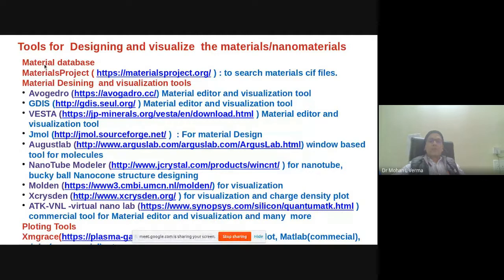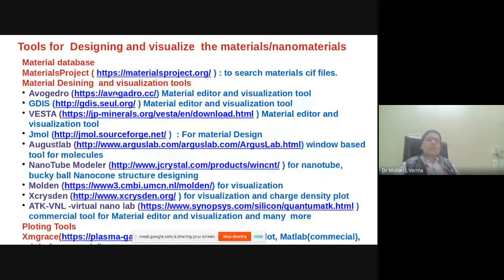Before going to the details of the materials, I suggest my students search for materials using the Materials Project link. By using this link, you can get the structure information, and whether that material is new or someone has developed it before.